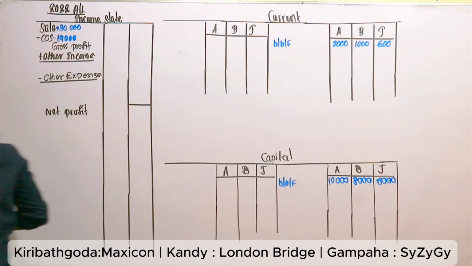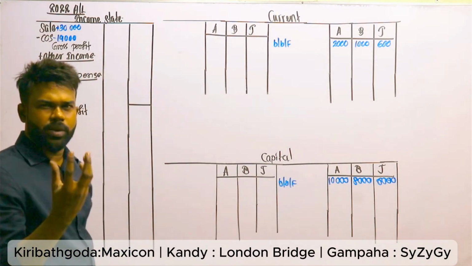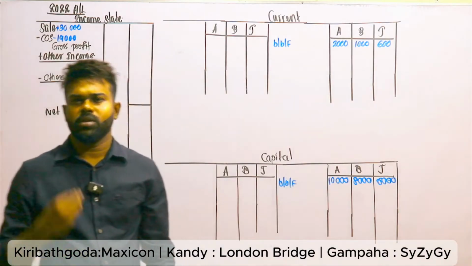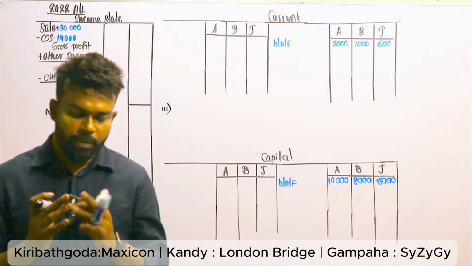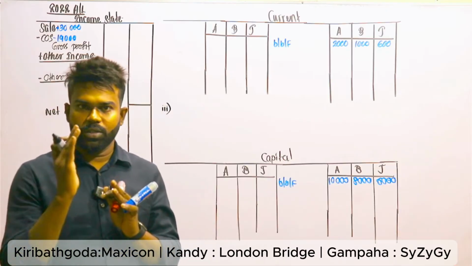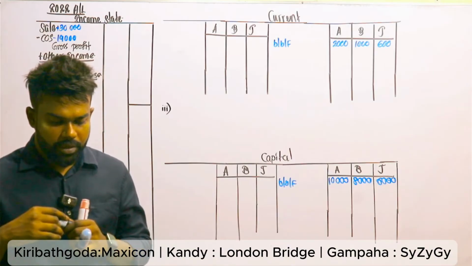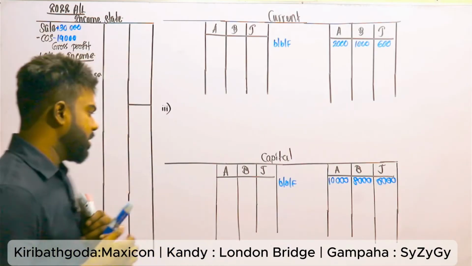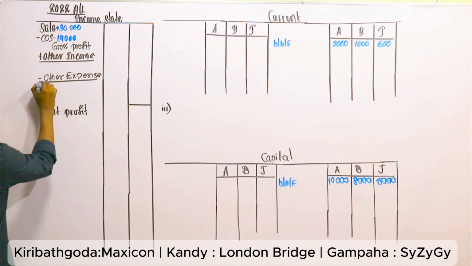Now row number 3. With very easy questions, within 10 to 15 minutes you can do this. Row number 3: operating expenses of the partnership for the year ended 31st March were 5 million. Record that here in the statement because it can be adjusted.